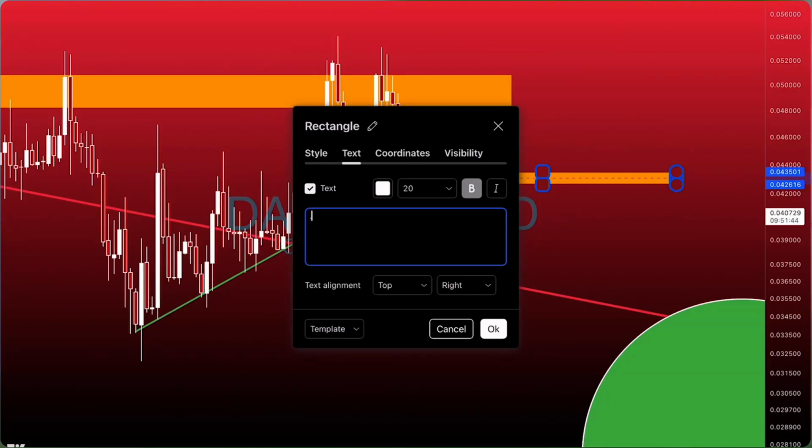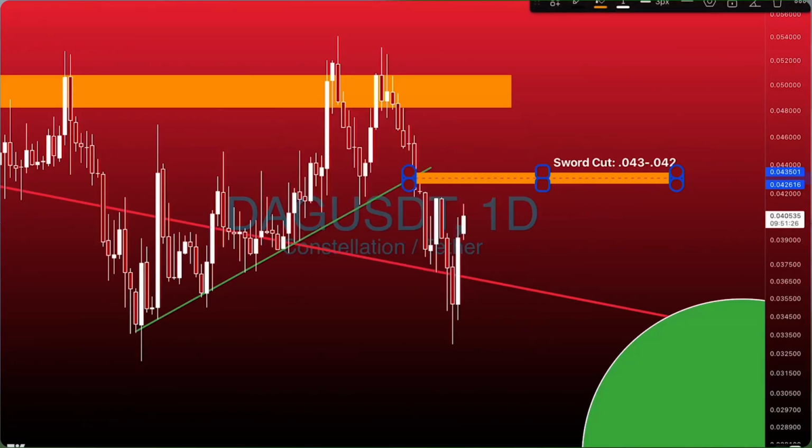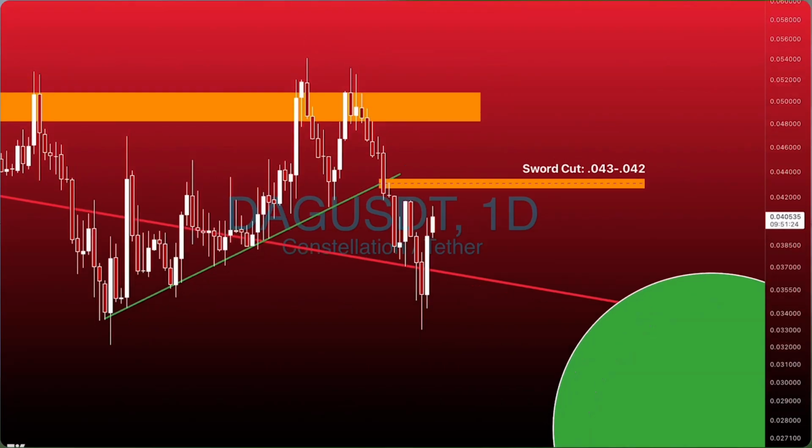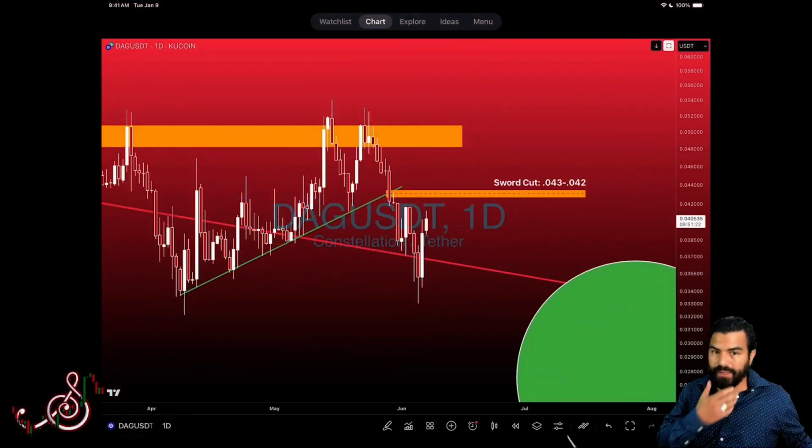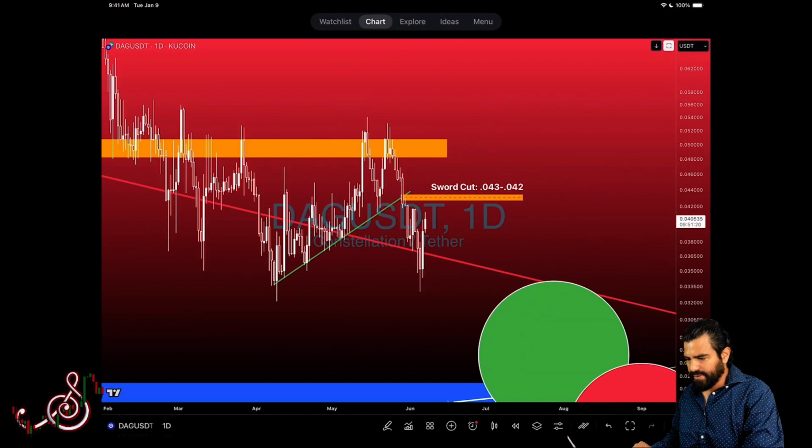And that's going to be 0.043 to 0.042. Okay, this is going to be our SC. Watching me do this over and over again throughout the week, or over the course when you guys are here with us, you get it. You start getting it. All right.